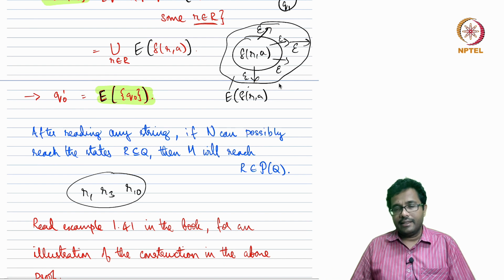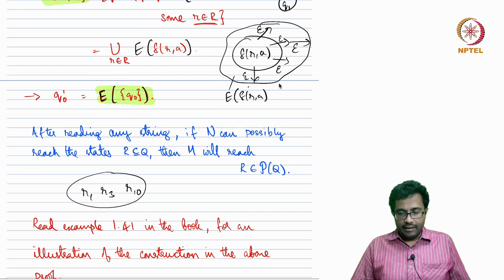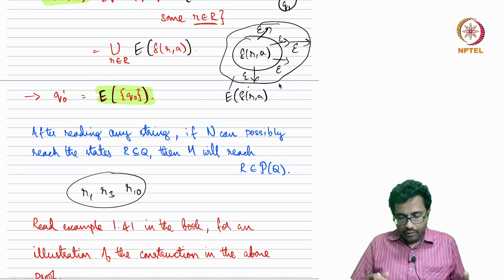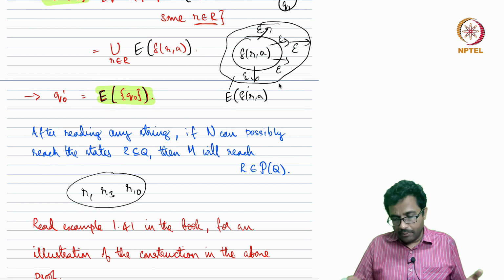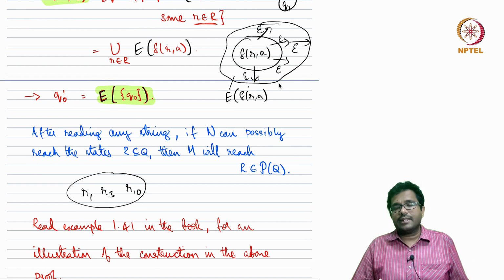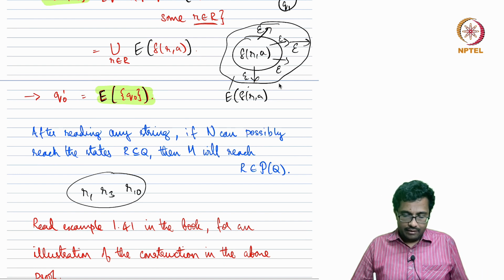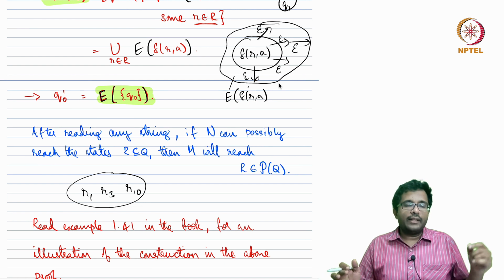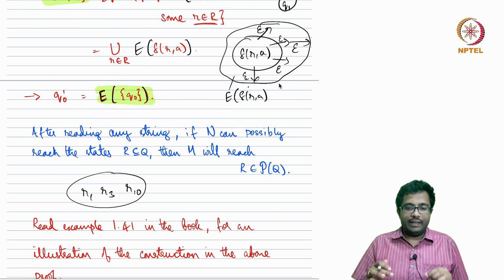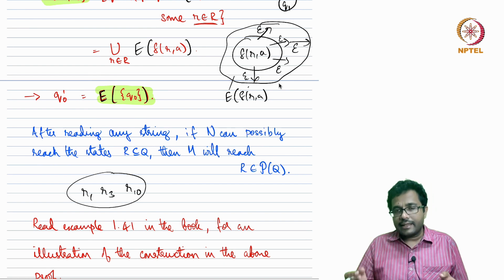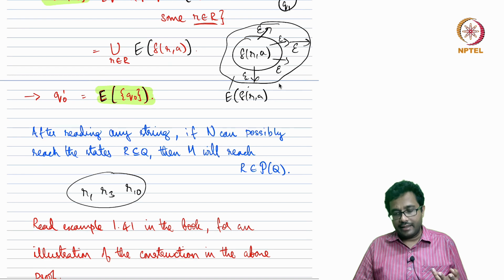And this is an accepting state if any one of them, or some subset of them, is an accepting state of the NFA. So by construction, if the NFA can reach R1, R3, R10, then the DFA will reach the state containing exactly these three states.